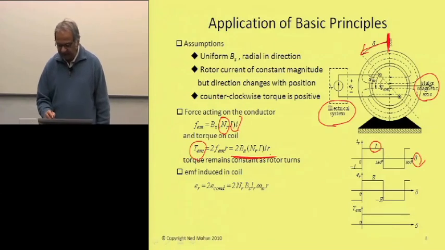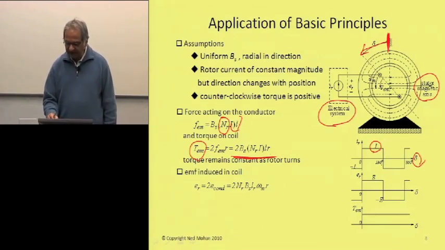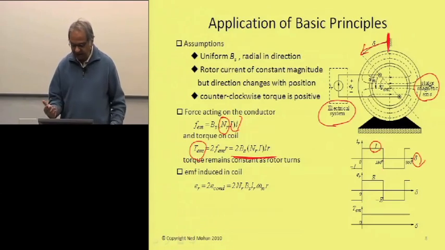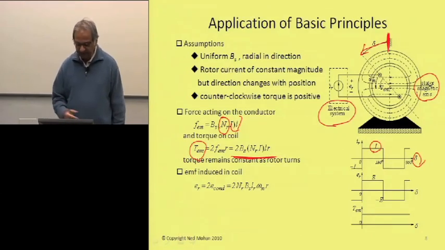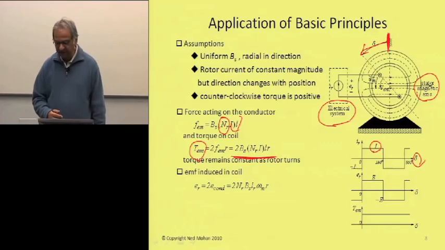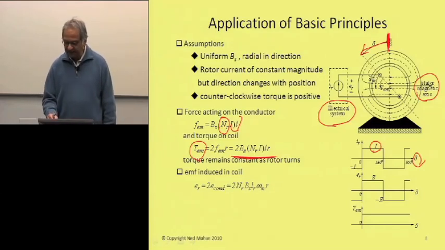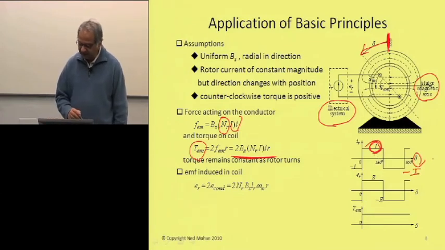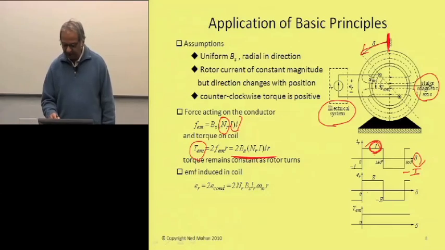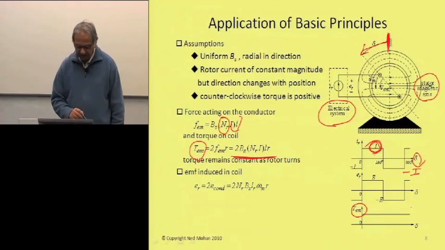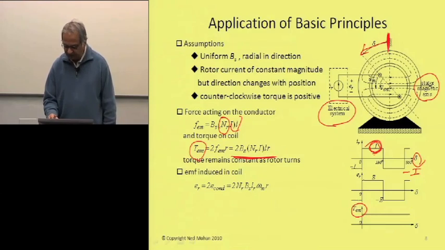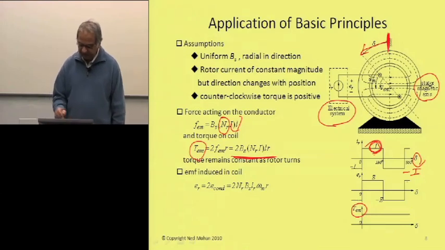What happens is that when delta becomes greater than 180, then, magically in this case, this being a very primitive, somewhat hypothetical machine, this current changes its direction, and from plus I it becomes minus I. So in this case, you can see that the torque that is produced remains constant and a positive value, and the induced EMF in this coil then goes through this square shape waveform here.